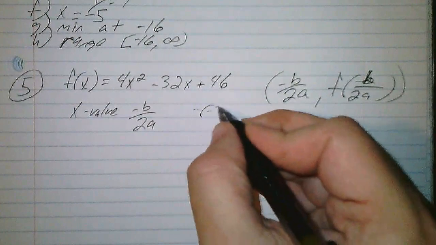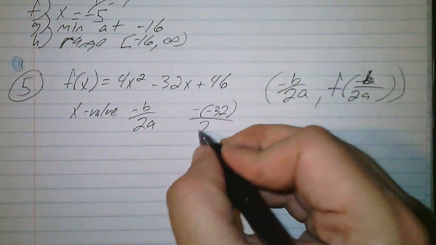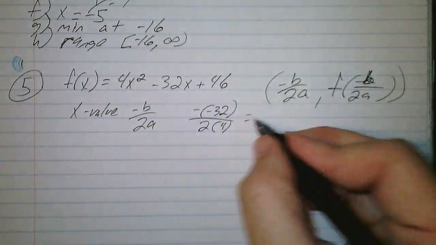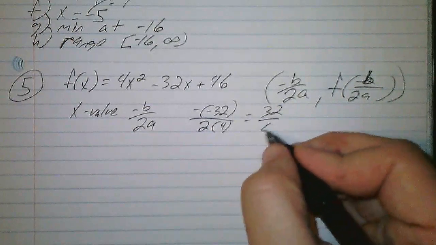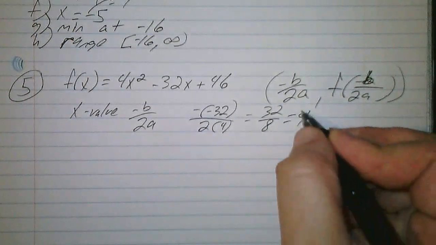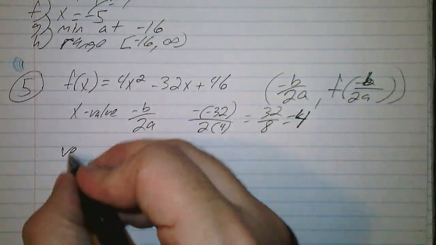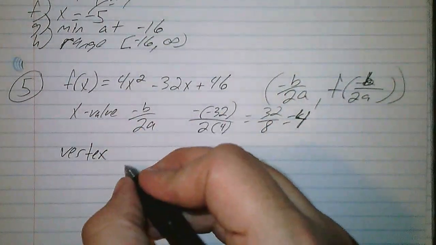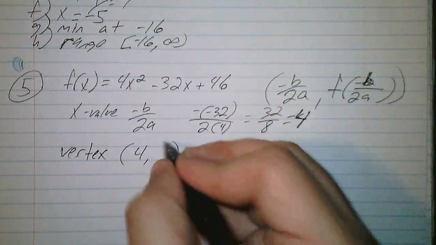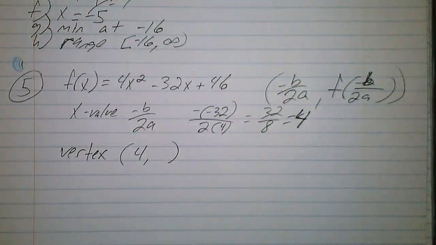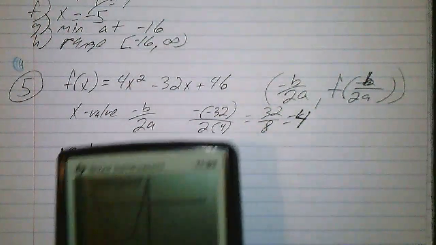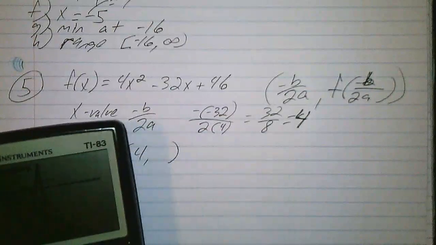So here, -32 divided by 2 times 4. That's 32/8, which is 4. So we found that the x value is 4. We just need the y value. And again, I would just use the calculator.